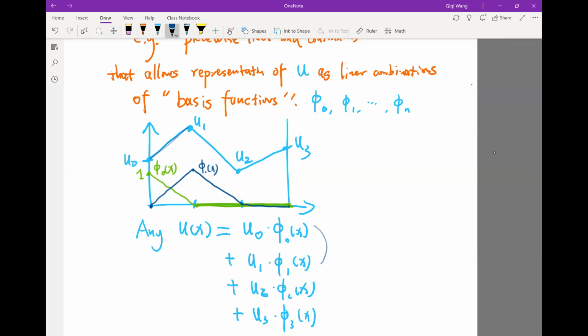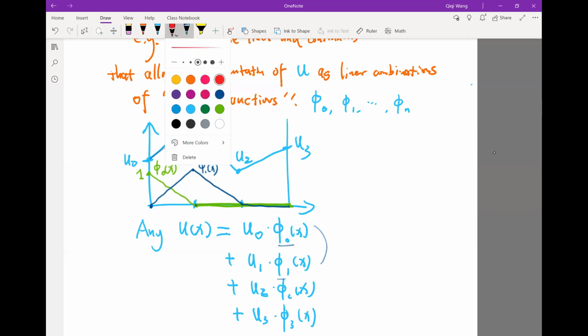So if I add u0 phi0 and u1 phi1, I get u0 when x is equal to 0. On the other hand, when x is equal to the first grid point, the right side of the element, phi0 is 0 and phi1 is 1. So the linear combination u0 times phi0 plus u1 times phi1 gives me u1 instead of u0. Just by doing a linear combination of these two basis functions, I recover the first part.